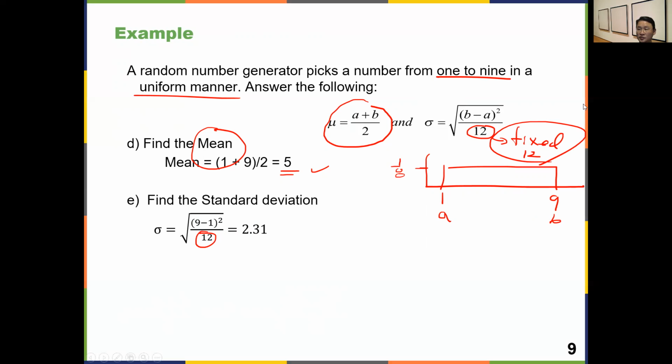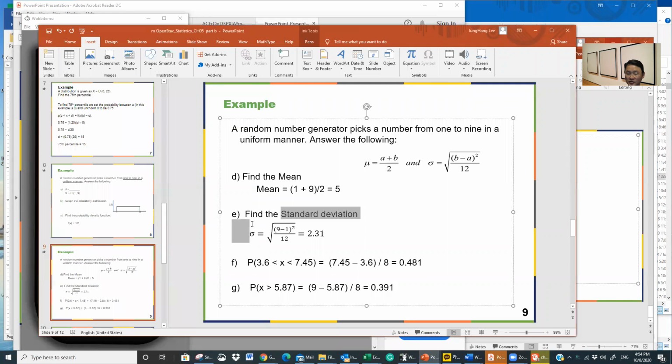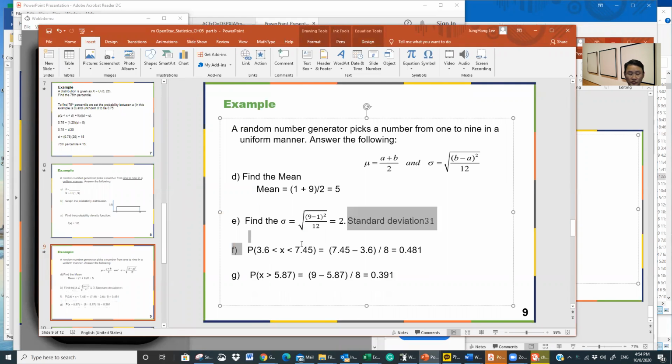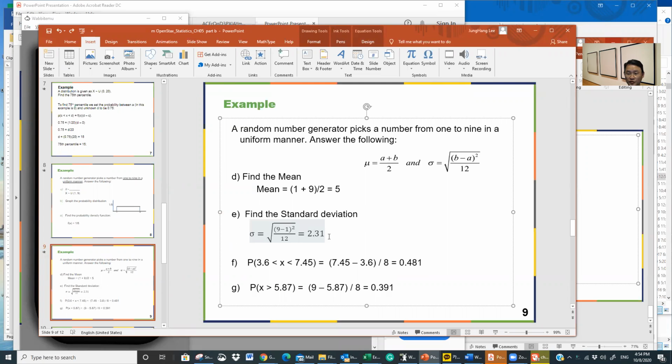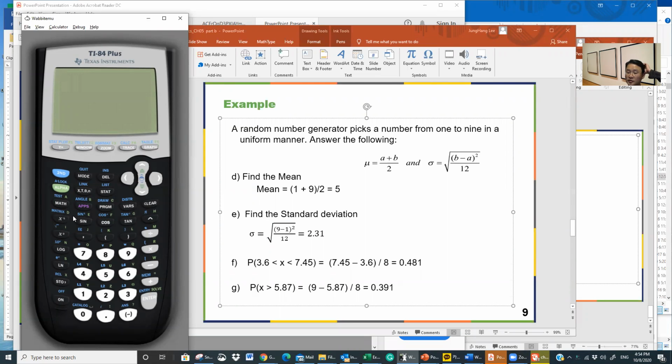All right. So let me actually show you how to put this in the calculator, right? So we are trying to put this in a calculator right here. So this is what we are going to do. First, we are going to put this square root sign.